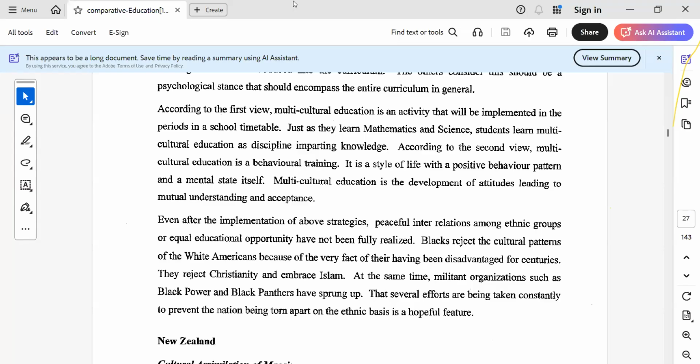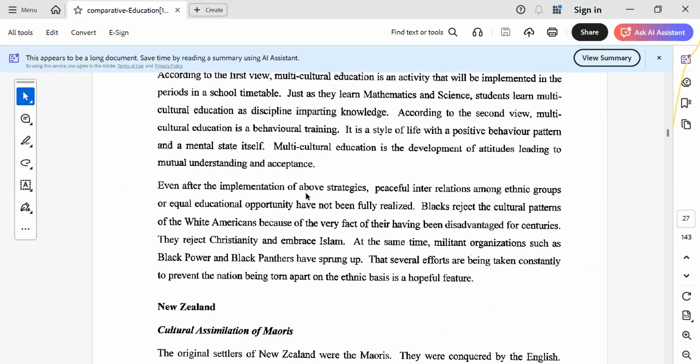So that several efforts are constantly being taken to prevent the nation being torn apart on an ethnic basis is a hopeful feature. So whatever steps are taken by the government, right, it's very difficult to connect these two ethnic groups, right? So that is the reality.